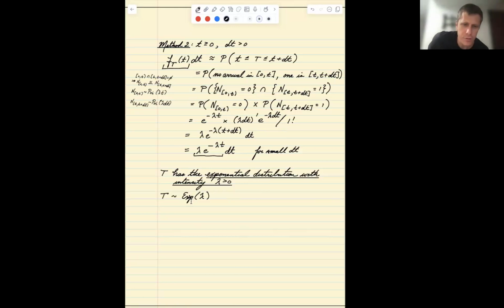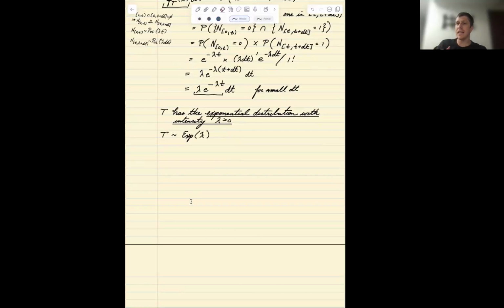So the way that we derived the exponential was through it's the waiting time of the first arrival in a Poisson process. And generally speaking, the exponential distribution is used to model waiting times. And it's used to model them in a specific sense. And we'll see some examples of where the exponential distribution comes up as we go along.